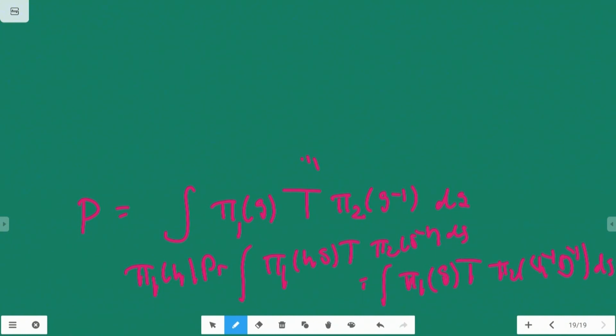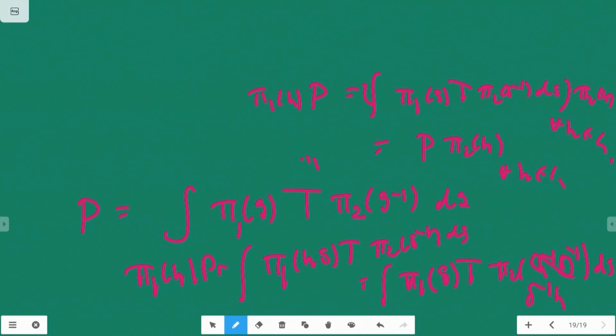That is the same as saying π1(h)P is equal to the integral of π1(g) T, and here (h inverse g) whole inverse is g inverse h, so it is π2(g inverse) dg multiplied by π2(h), for all h belonging to G, which is equal to P times π2(h) for all h belonging to G.